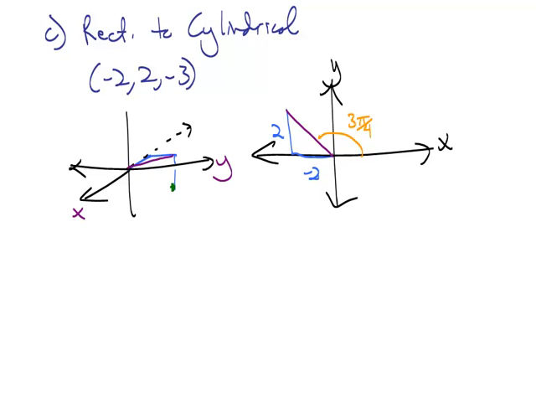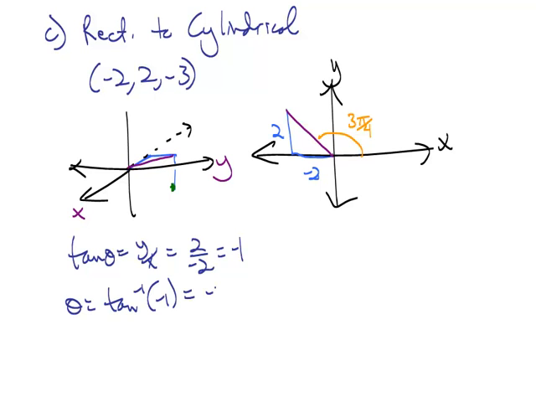The reason I wanted to do this example is because you can't always count on just putting it into that formula that the tangent of theta is y over x, because in this case, as with the previous example, this would be 2 over -2, which is -1. If you take the inverse tangent of -1 in your calculator, it's going to kick back negative pi over 4. That's not the angle we want. We want 3 pi over 4. There's, of course, more than one angle that has a tangent of -1.